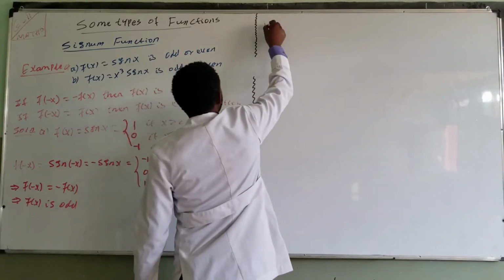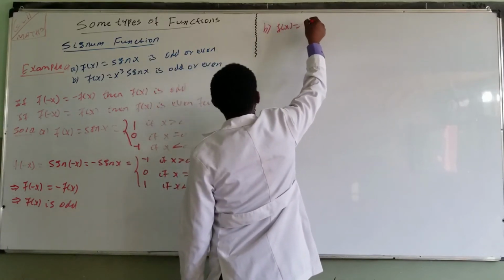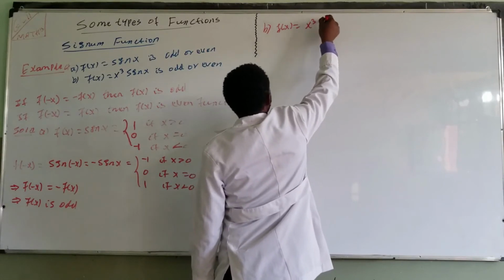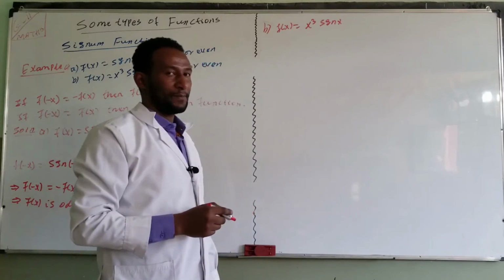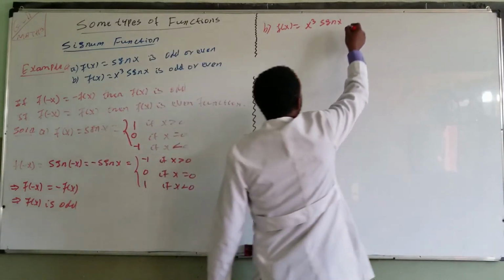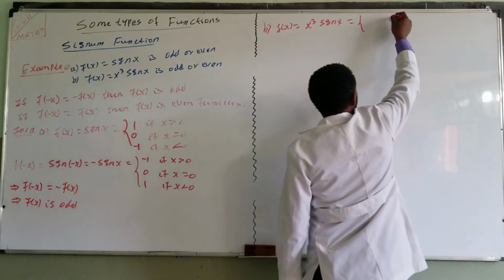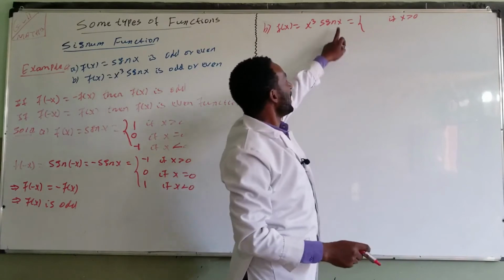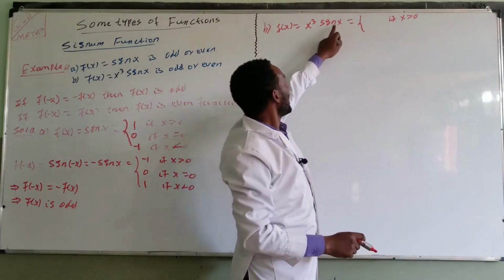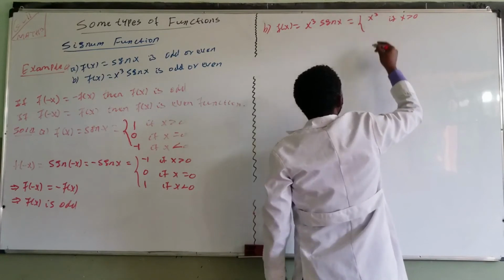B says that f of x is equal to x cube signum x. If x is greater than 0, signum of x is 1, times x cube is equal to x cube.